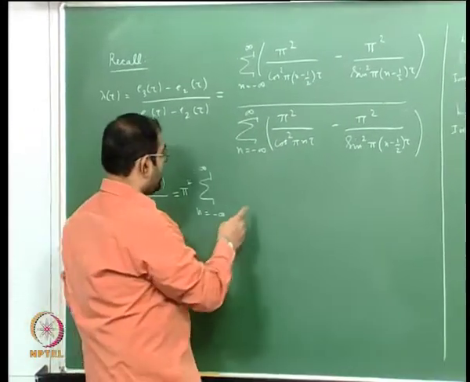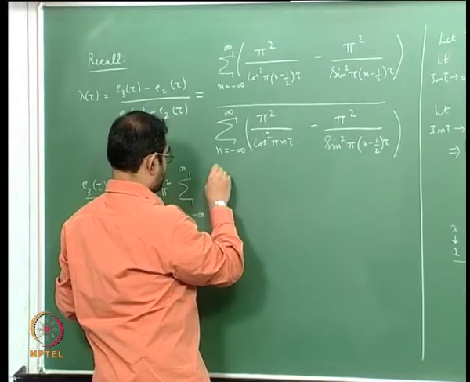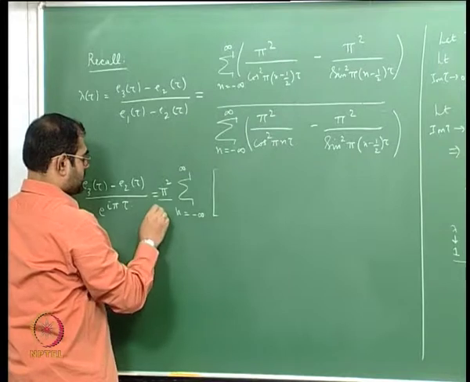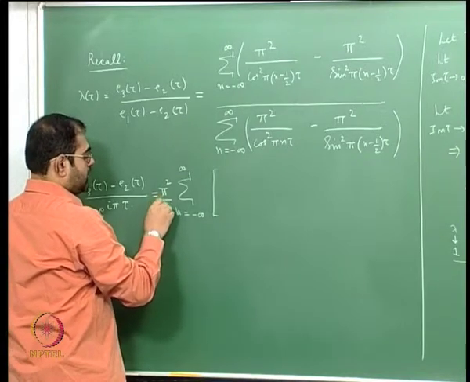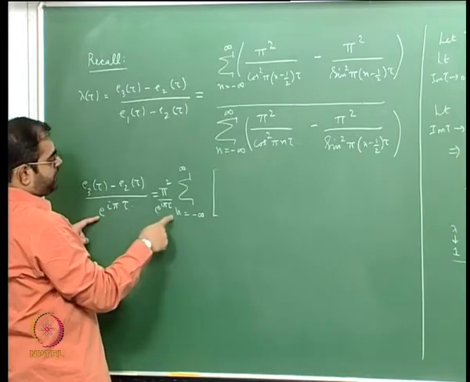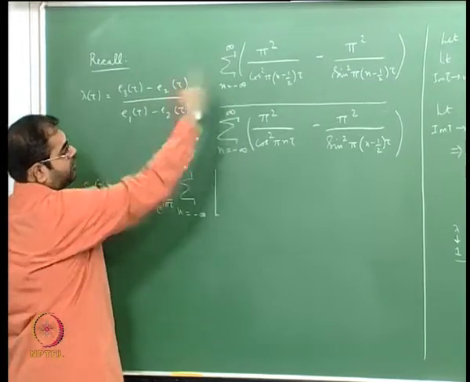So there is an e power i pi tau outside, and I pull the pi squared outside.